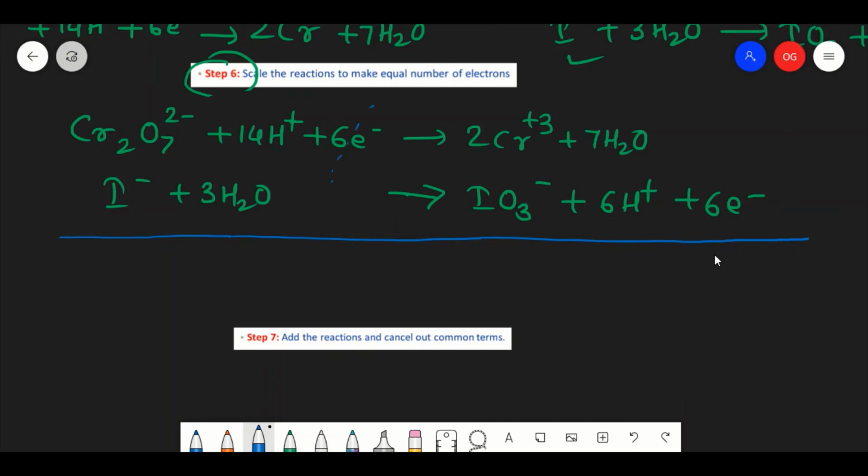Here this electron and this electron cancel, since they are already equal.